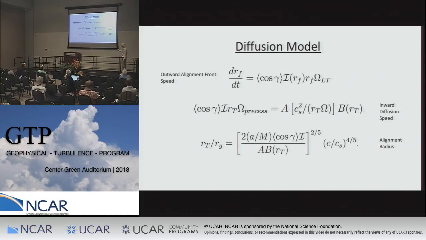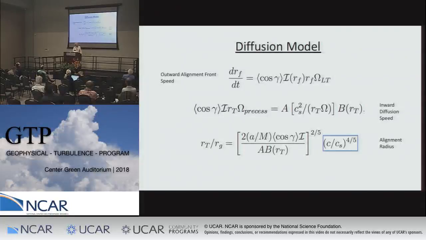But at the end of the day, and this is true for any sort of diffusion model of the process, purely on dimensional grounds, the radius of transition goes like the sound speed to the -4/5. There's some stuff out here, which is the constant of proportionality.